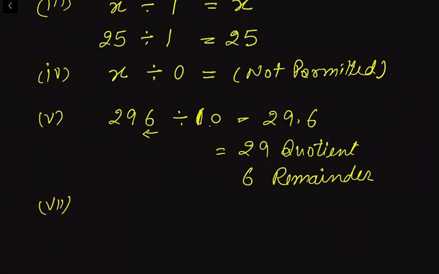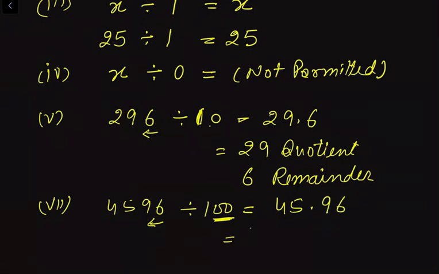And if we divide any number with 100, 4, 5, 9, 6 divided by 100, answer will be, put a point after the 2 digits because 100 has 2 zeros, then answer will be 45.96. 45 will be quotient and 96 will be remainder.